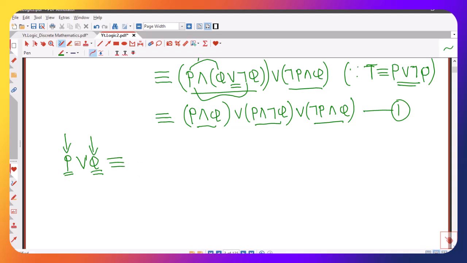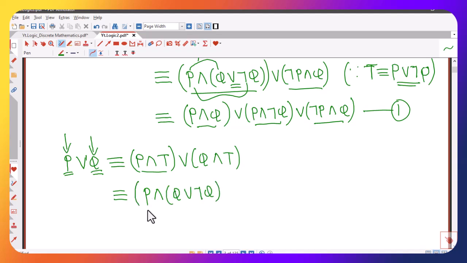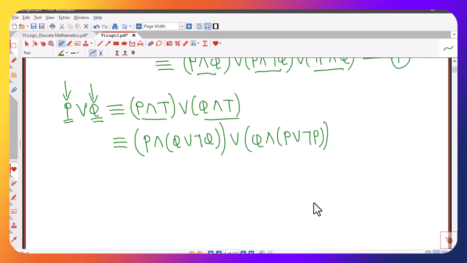So for that, first we write P as P and T, and similarly we write Q as Q and T. Here Q is missing, so we write T as Q or negation Q, and here P is missing, therefore we write T as P or negation P. Then we use distributive law.